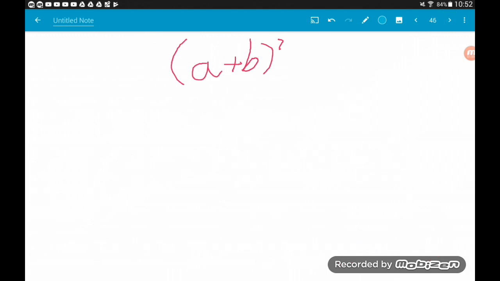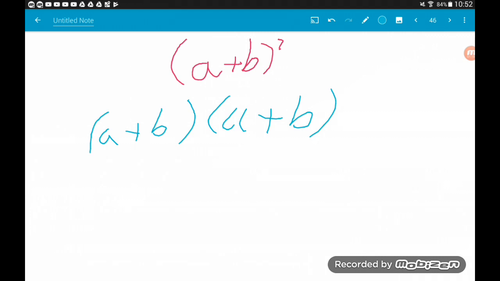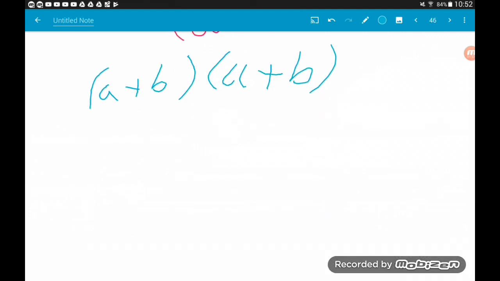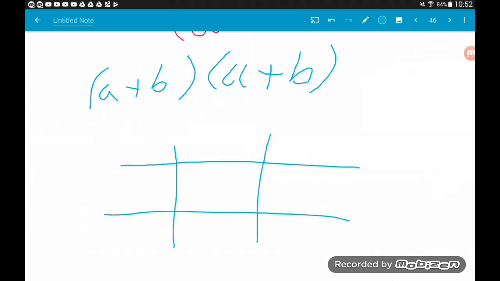So, question 1, we want to expand a plus b squared. So remember this is saying a plus b times a plus b. We could use a table. So we put an a and a b down the side and across the top like that.